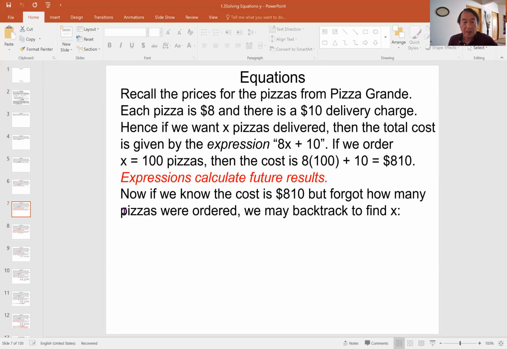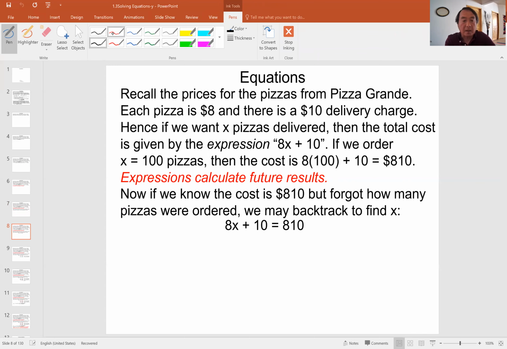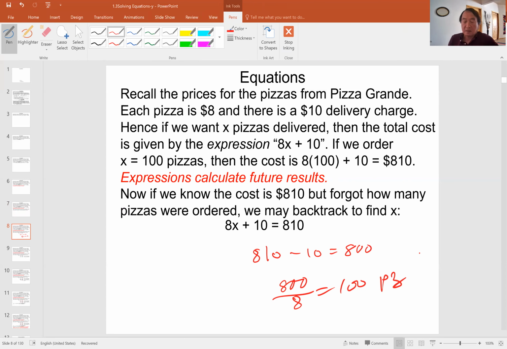Here's how we usually think about it. We'll say $810, and we take away the $10, so $800, and that's the money for the pizza. Each pizza is $8, divided by 8, so therefore there's 100 pizzas.